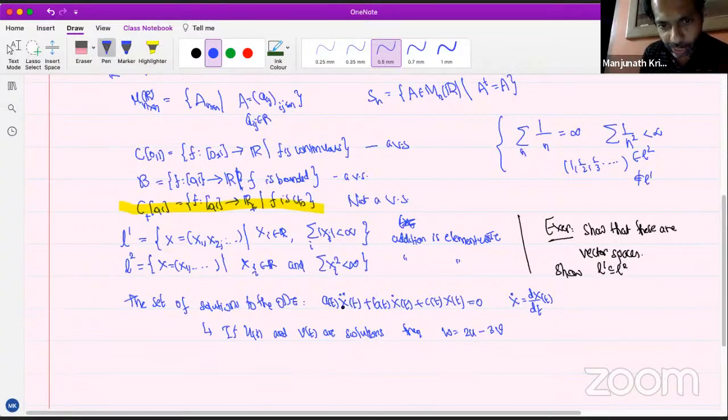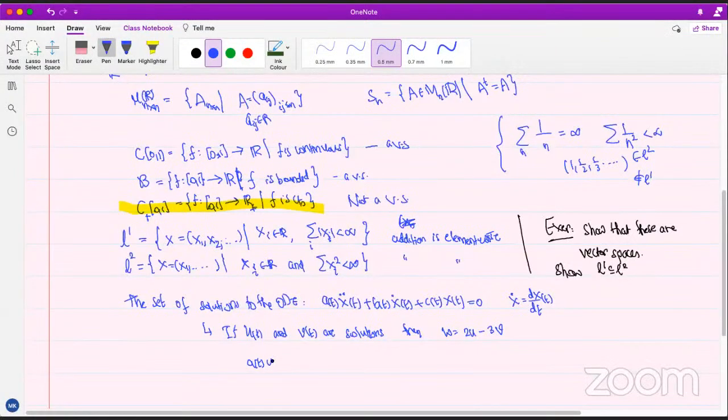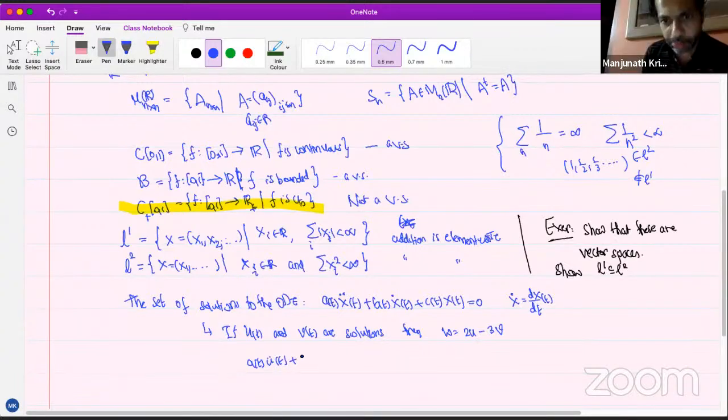If u is a solution, it just means a of t times u double dot of t plus and so on equals 0. Then w dot will be 2 times u dot minus 3 times v dot, and the same for the second derivatives, because of derivatives. Now you multiply this by c of t, this by b of t, this by a of t, and add up. Then you see that this part will cancel and this part will cancel. So this is also a solution.